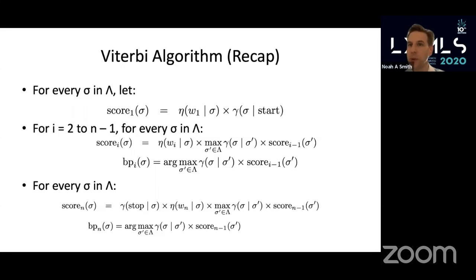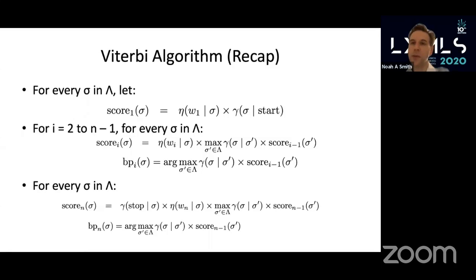So we start with length 1, and that has a closed form using the emission and transition probabilities. And then we use the preceding prefix lengths at i-1 to calculate the prefix scores for all symbols ending at position i. We do this iteratively going from left to right.